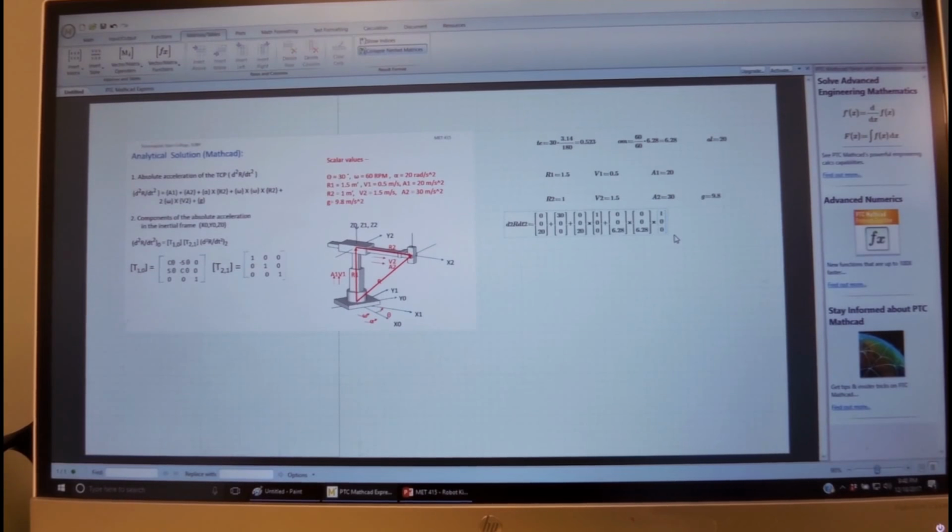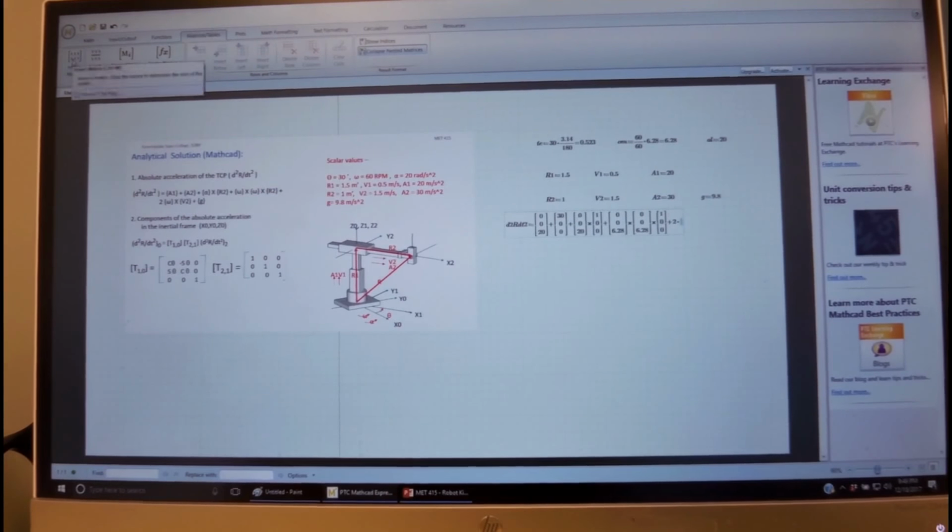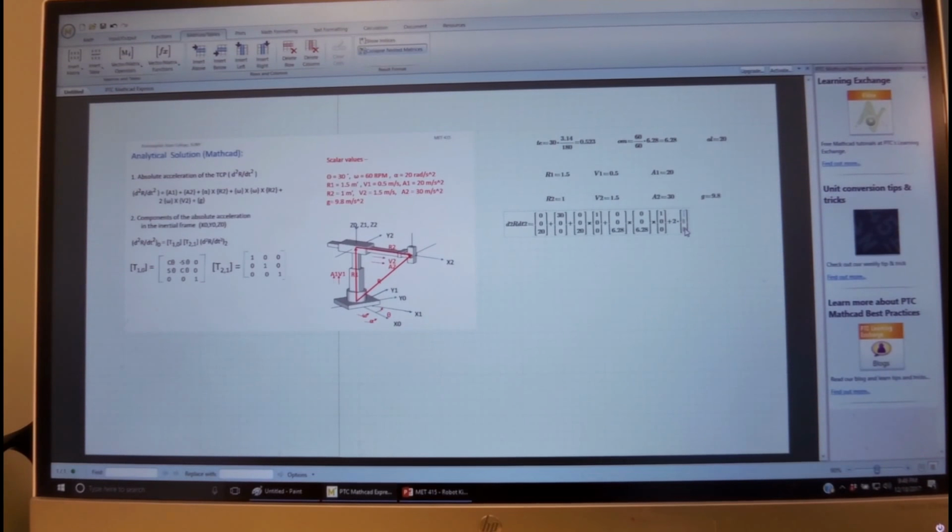So the Coriolis is 2 times a vector which is omega. So it's again 0, 0, 6.28. And we have to cross it with the vector of V2.